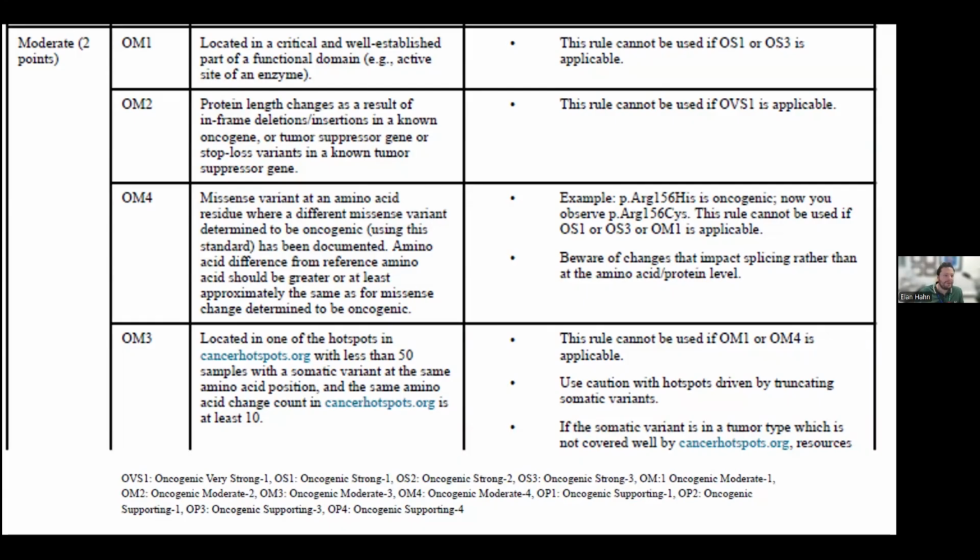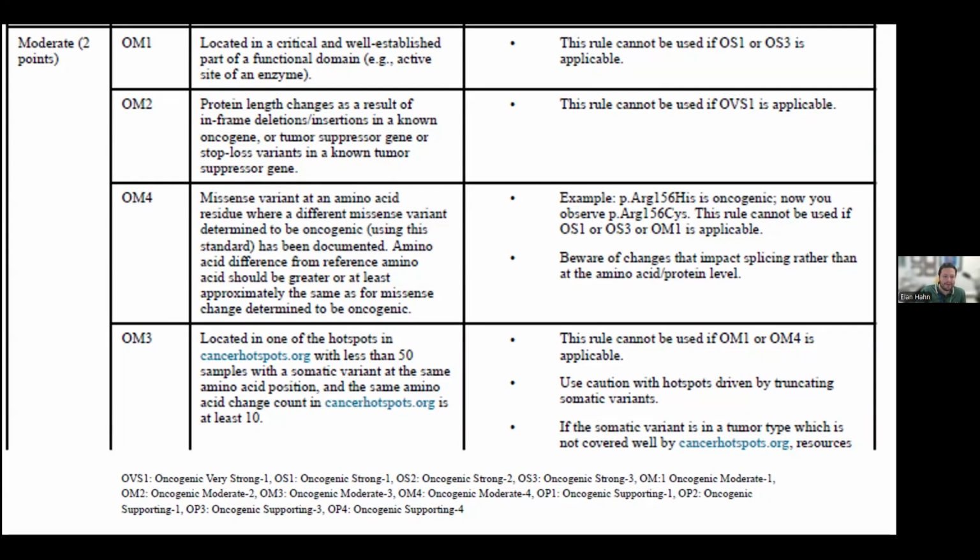So OM2 is protein length changes as a result of in-frame deletions or insertions in a known oncogene or tumor suppressor gene, or stop loss variants in known tumor suppressor genes. OM4 is missense variant at an amino acid residue where a different variant is oncogenic.